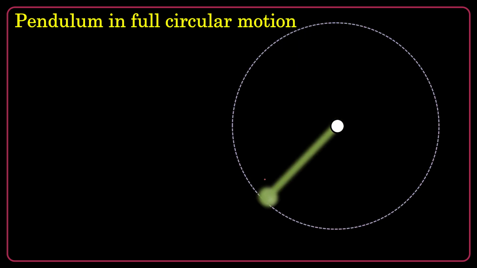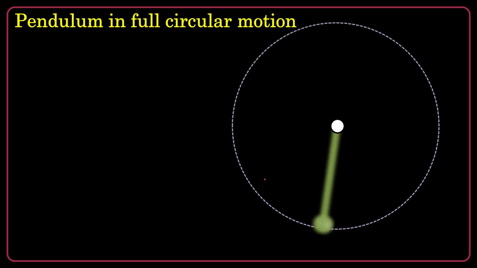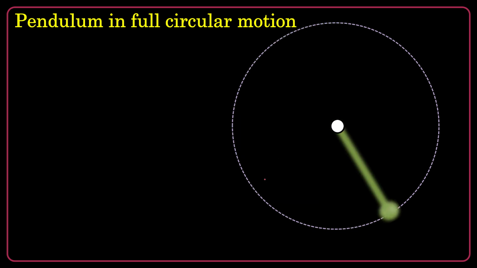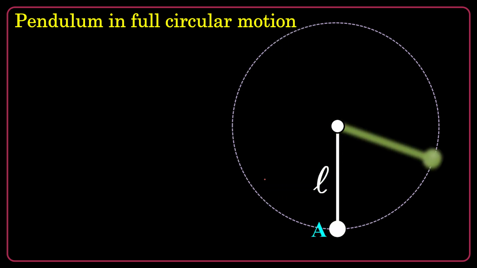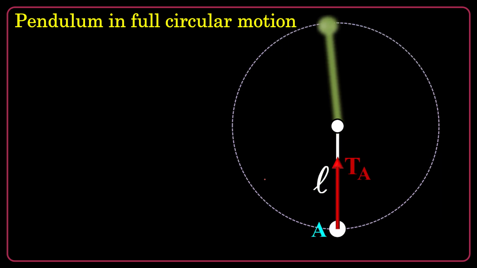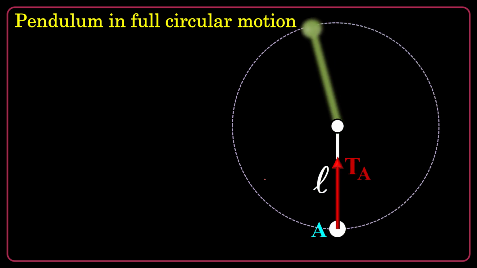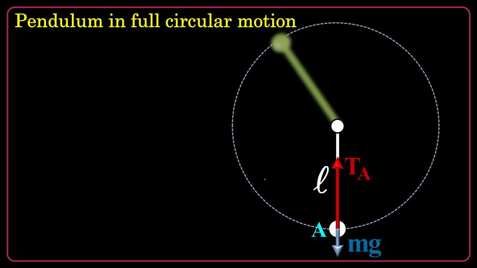Let's consider pendulum in full circular motion. Okay, let's say the pendulum is so fast that it can go round the circle in a vertical, complete circular path. Okay, at the bottom point, you see TA, let's say it's the point A. As the object has a maximum speed, TA is very large and mg not that big.